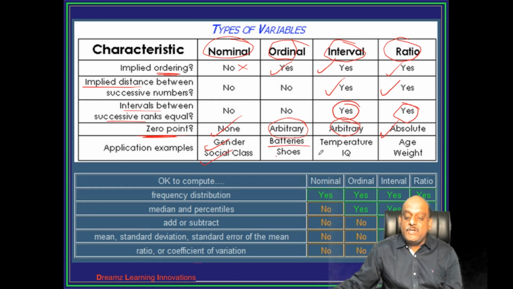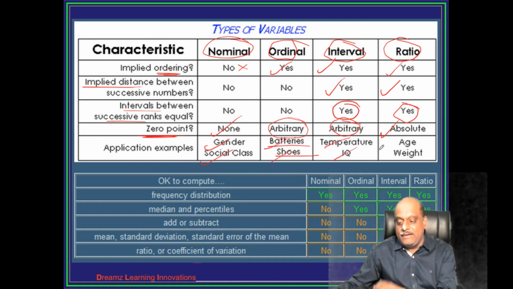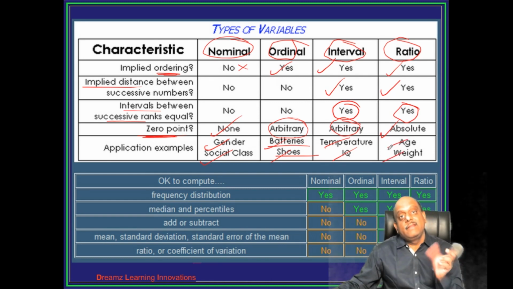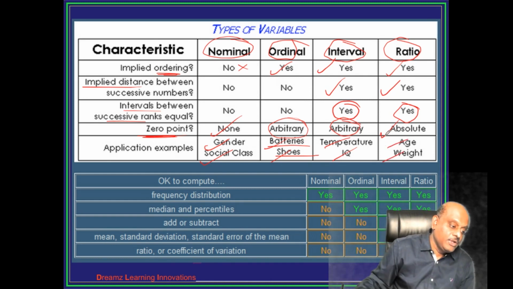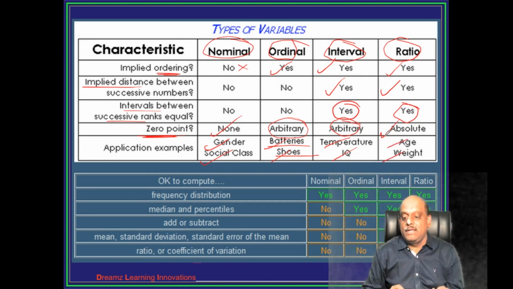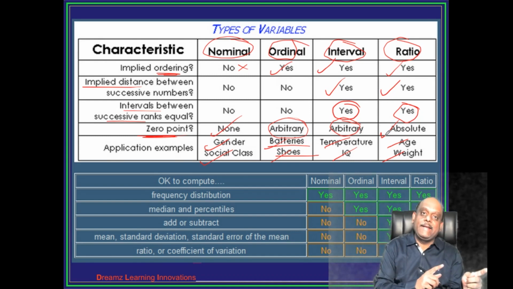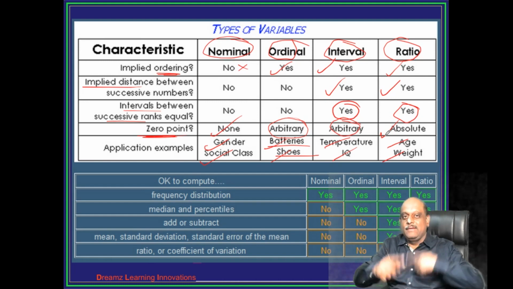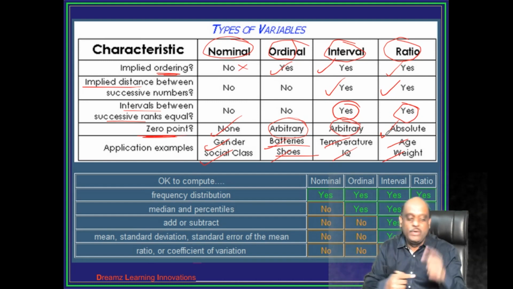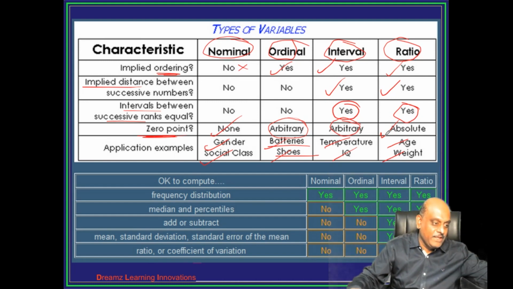Then battery, shoes, they are all ordinal. Temperature, IQ, they are interval. Age and weight, they are the ratio scales. You have to be 100% sure, doctor. Sit once with your roommate and do a bit of brainstorming.